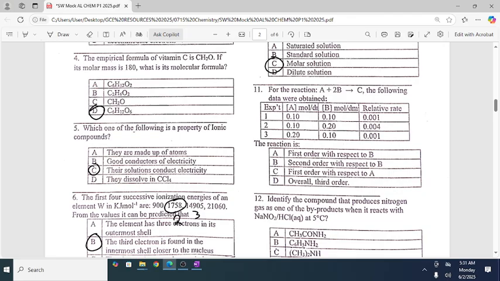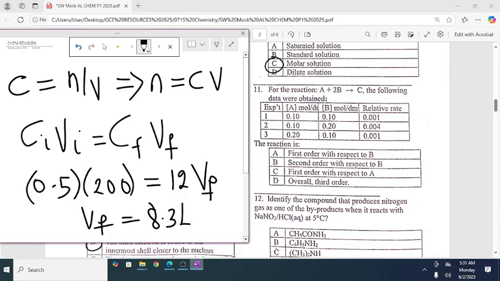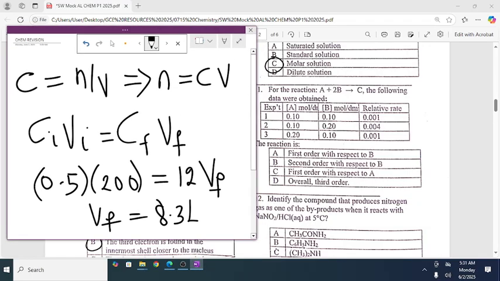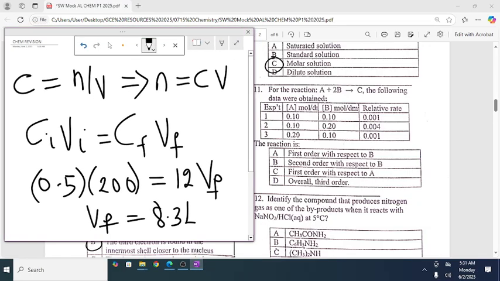Now if you want to do the calculation, it can be a little bit longer, but I think if you go through the relationship between concentration and rate. From what I can remember, I'm not really certain about the fact that if the concentration doubles, then it is first order with respect to this.